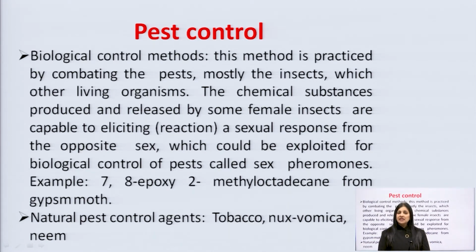These are sex pheromones basically, and the example includes 7,8-epoxy-2-methyl octadecane from the gypsy moth. Other natural pest control methods include use of tobacco, Nux vomica and neem.